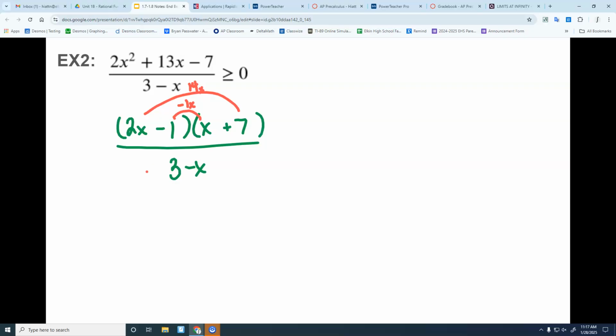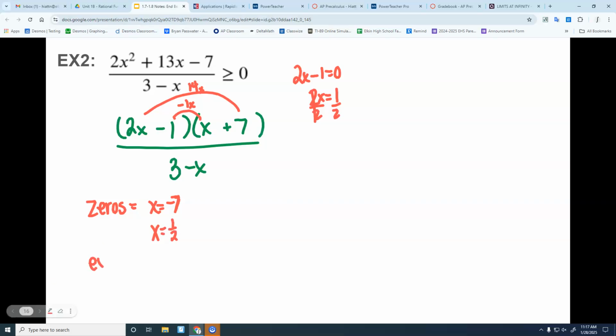So the zeros for this would be x equals -7 right there. And then the 2x minus 1, I'd have to do 2x minus 1 equals 0. So that'd be 2x equals 1. I divide by 2. So x would equal 1/2.